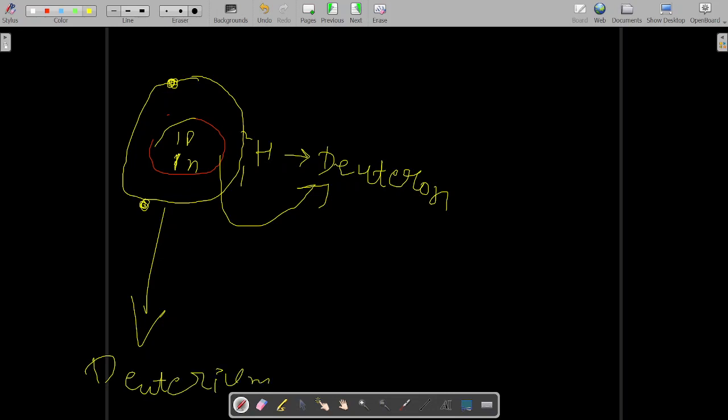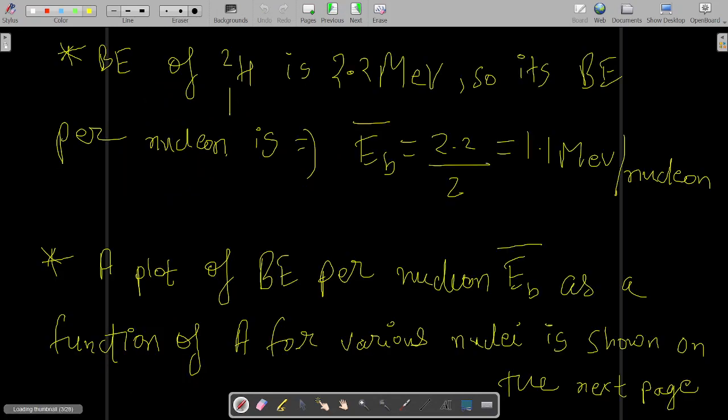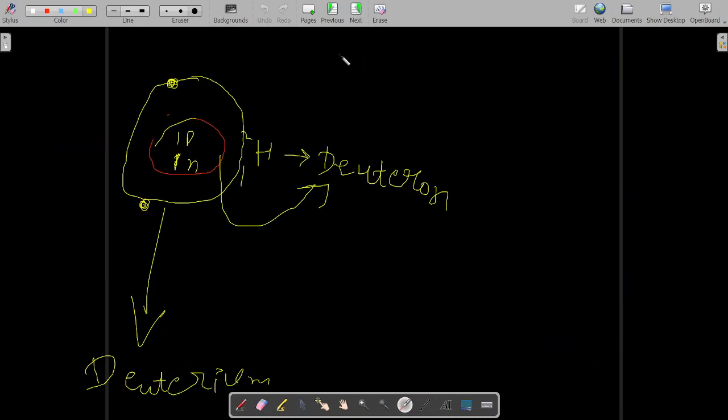This thing has also been clarified in the previous lectures. Now over here we are neglecting the binding energy on account of these electrons.